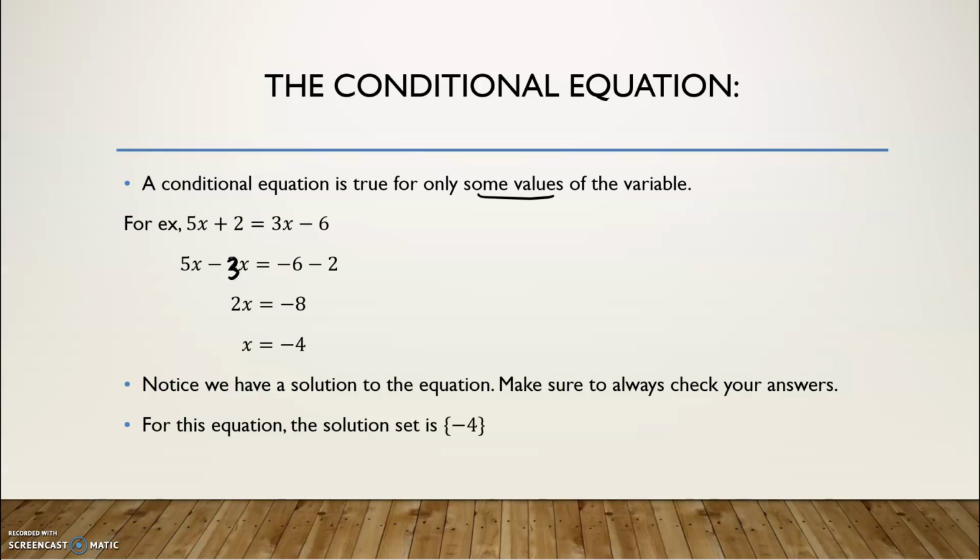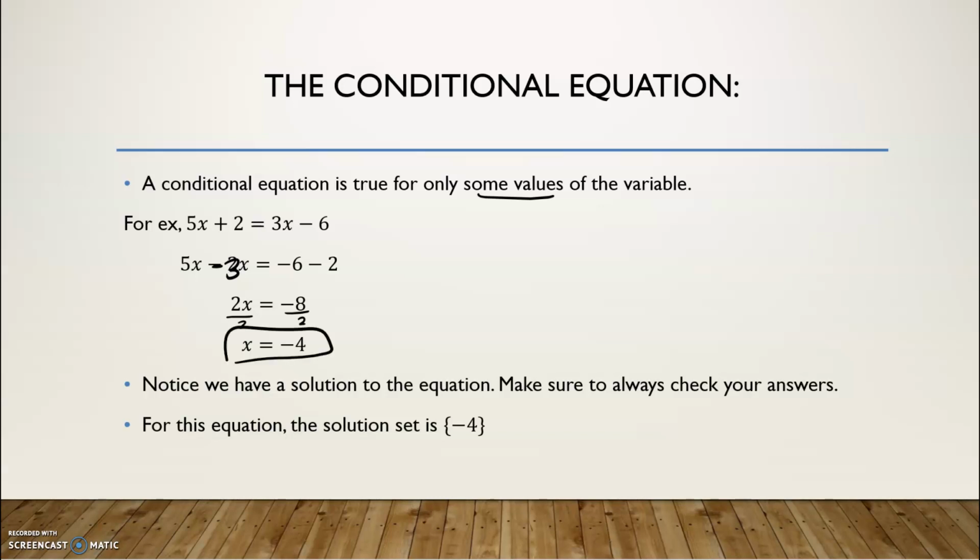You take this equation and subtract 3 from both sides, that's how I get the negative 3 over here with the 3x, and subtract 2 from both sides, that's how I get the negative 2 over here. Then you take 5x minus 3x, which gives you 2x. And negative 6 minus 2 gives you negative 8. Divide both sides by 2, and that'll give you negative 4.